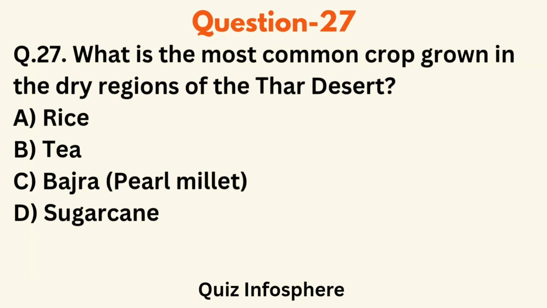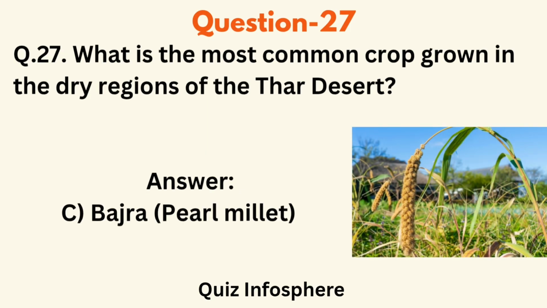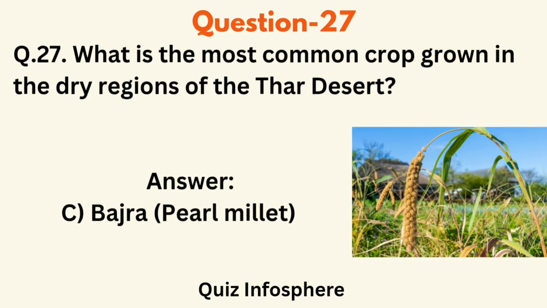Question 27. What is the most common crop grown in the dry region of the Thar desert? Rice, tea, bajra, sugarcane. The correct answer is bajra.